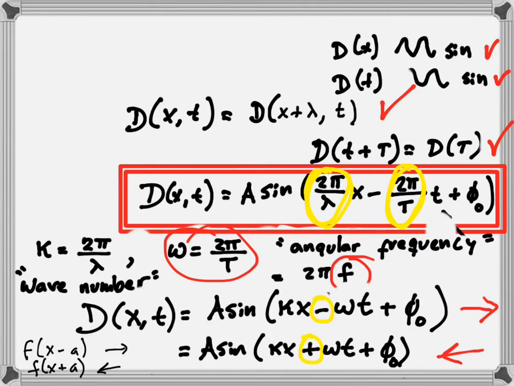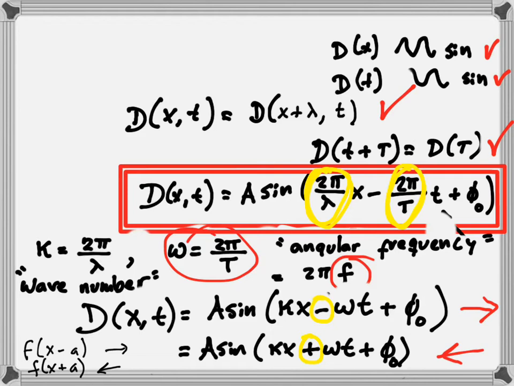If you don't know why that is, remember that in your previous math classes, in algebra class, you learned that when the argument of a function f of x is changed to x minus a, if you subtract a, the whole function moves to the right by a distance a.